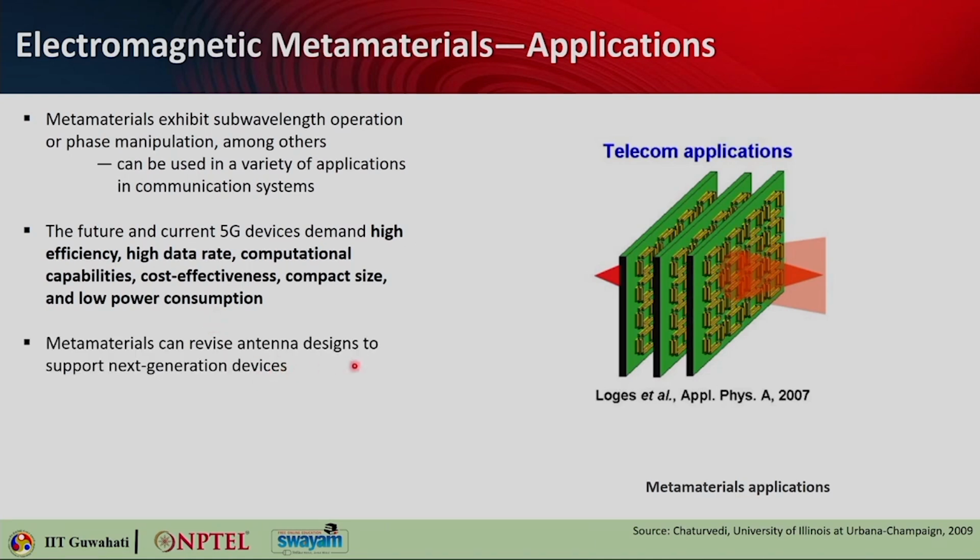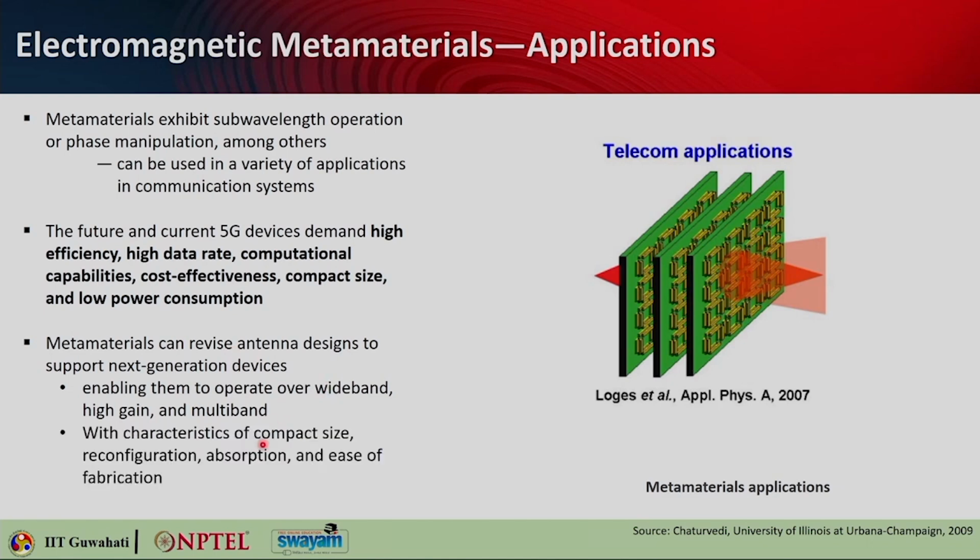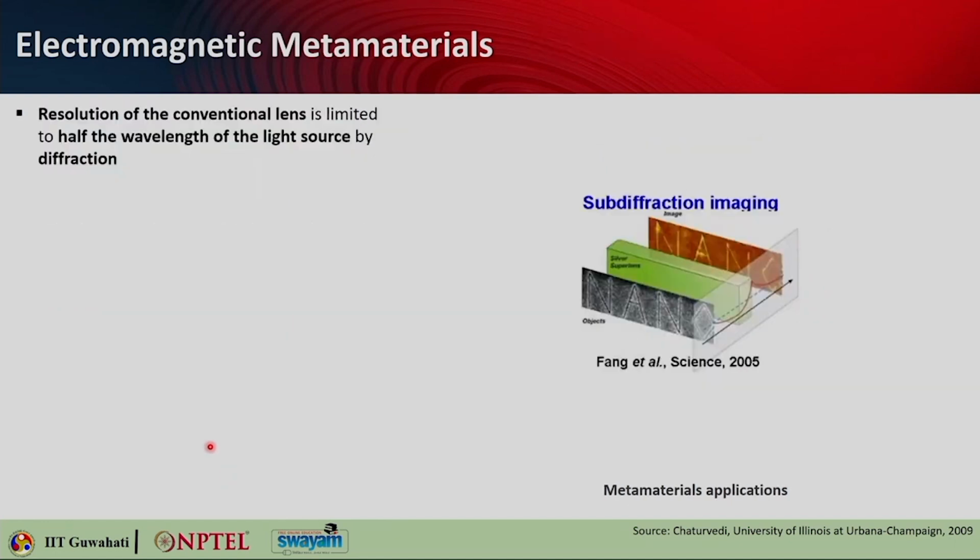So metamaterials can revise the conventional style of designing antennas to support the new generation devices. That will give them wideband, high gain, and multi-band operation. They will also bring in compact size, reconfigurability, absorption and ease of fabrication.